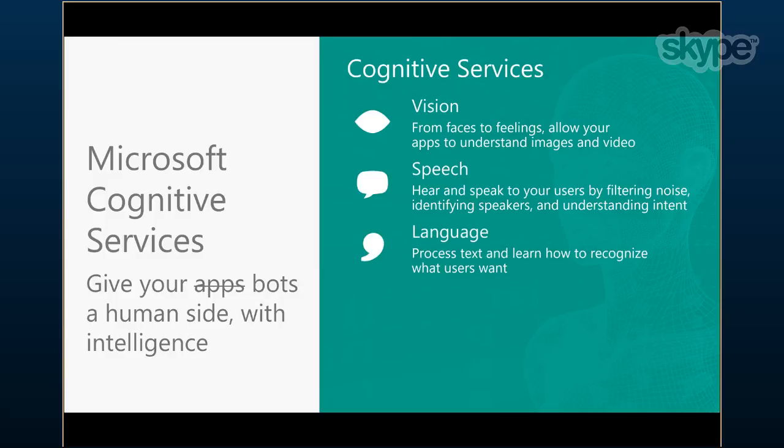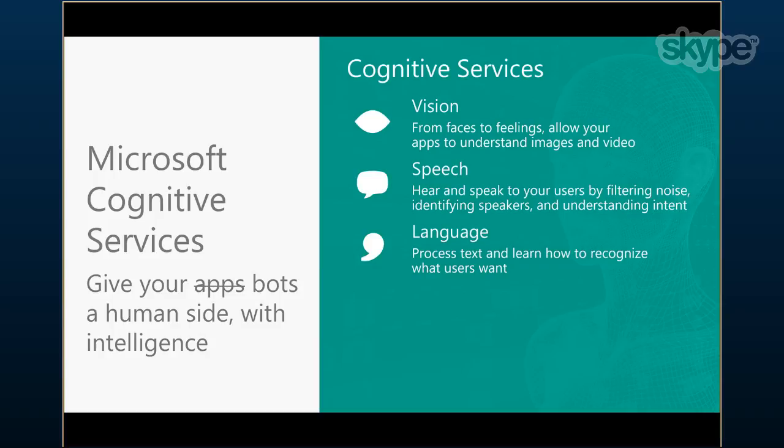Language, super important for building conversational agents. And when we talk about language, you can do a number of things. You can not only parse natural language, meaning dealing with inputs such as will it rain in Seattle tomorrow, but you can also extract sentiment from language as well.